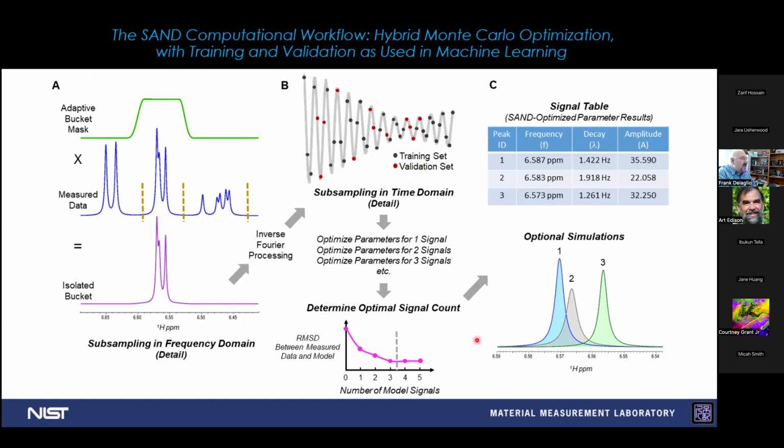And in our procedure to figure out how many peaks we need to model a particular region, we propose one peak and optimize it and test the results. Then we propose two peaks and optimize those and test the results, and so on. Each time we test the results by seeing how well those results fit the points in the validation set that were not included in the optimization. And when that stops improving, we know we've added enough signals.